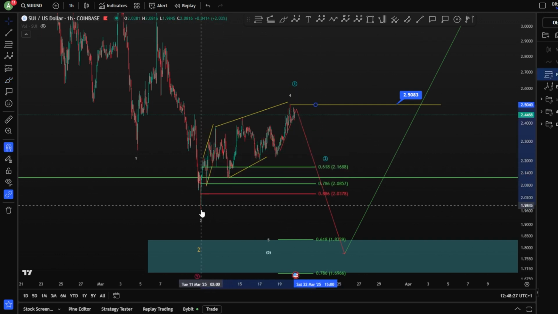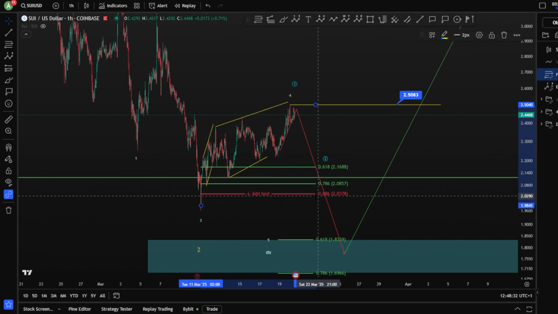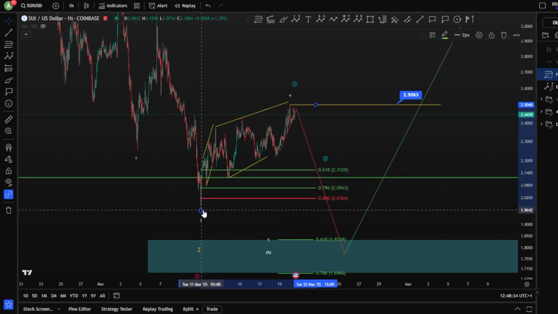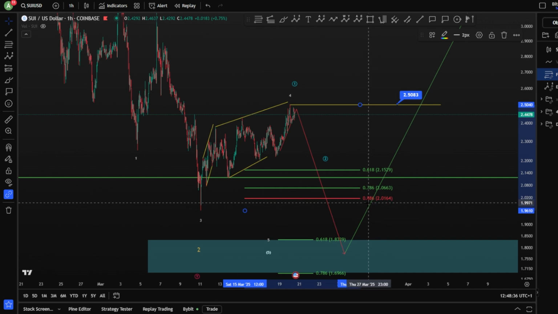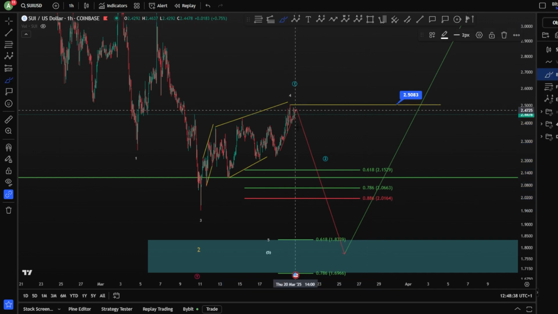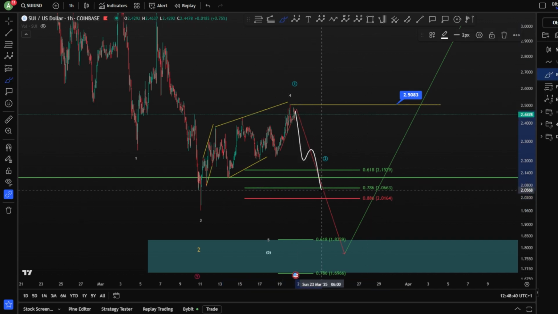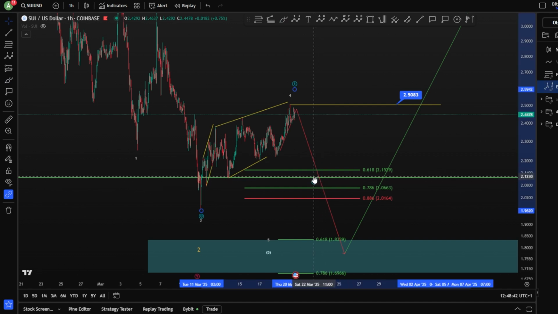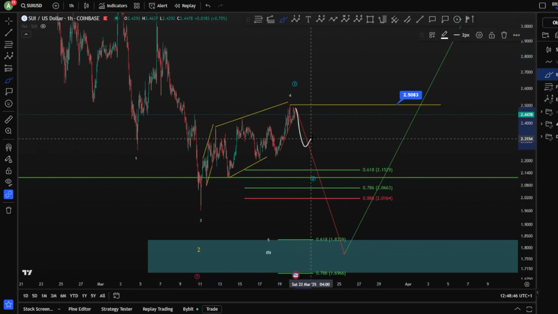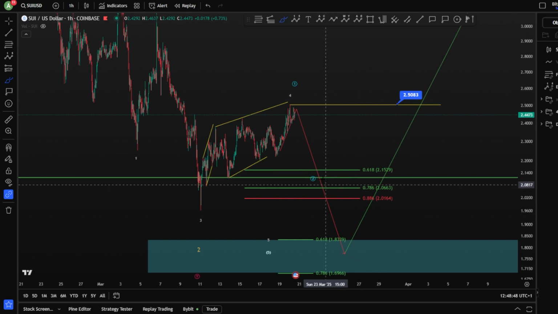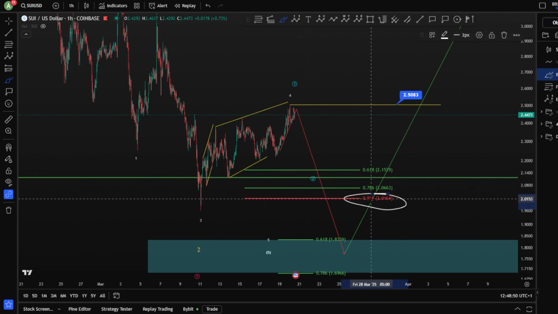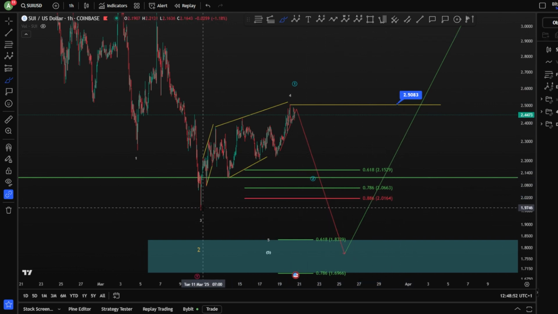No. Be careful. This one. Oh God. Here we go. 0.886. Having 3 waves down, potentially, I would like to see the wave 2. 0.618 would be even more than enough, and then moving for higher. If we take the 886, $2 again, that's not good, guys.